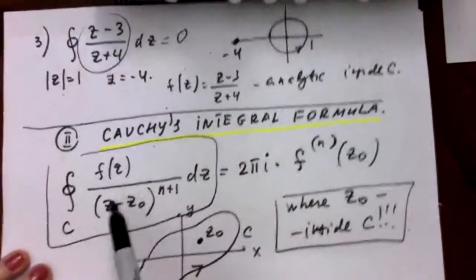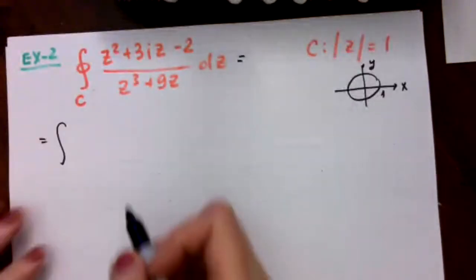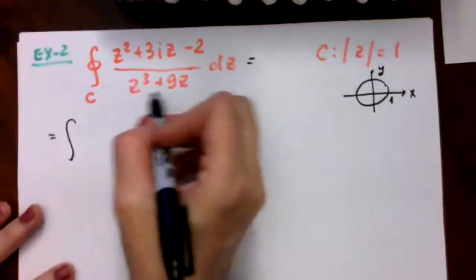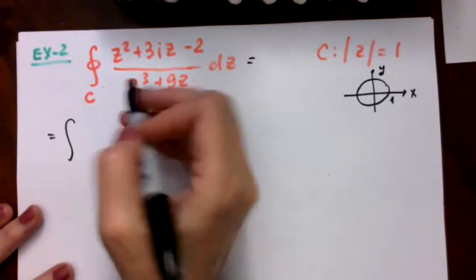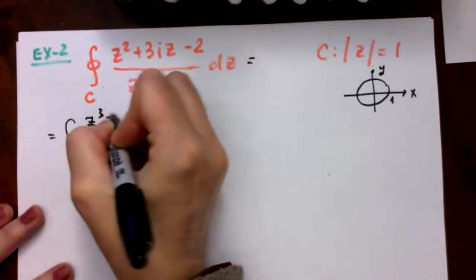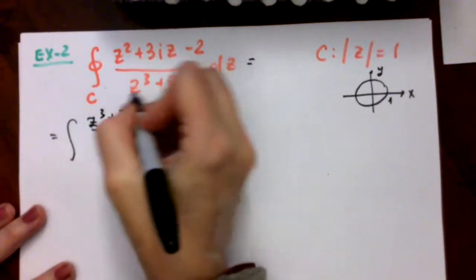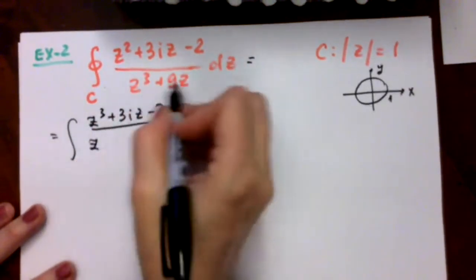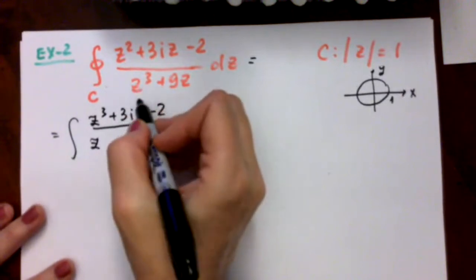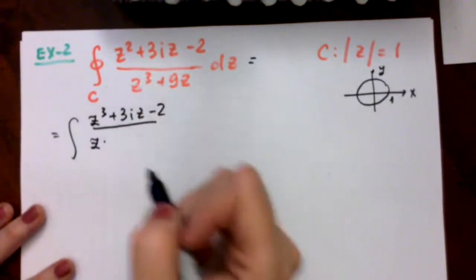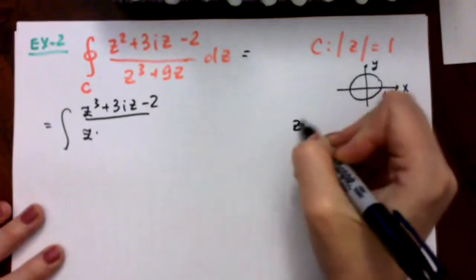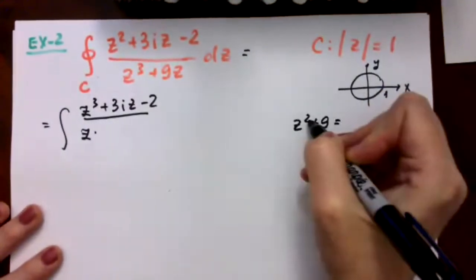But we can organize some things sometimes. I think we just need to simplify something in the denominator. Maybe we'll be lucky. So for example, we can pull z out of this expression, and we will also have z squared plus 9. What can we do with z squared plus 9?